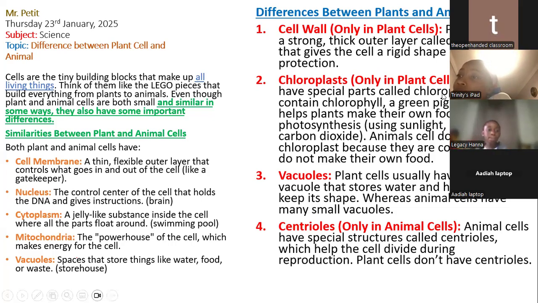Read the paragraph. Plant cells have special parts called chloroplasts. These contain chlorophyll, a green pigment that helps plants make their own food through photosynthesis, using sunlight, water, and carbon dioxide.